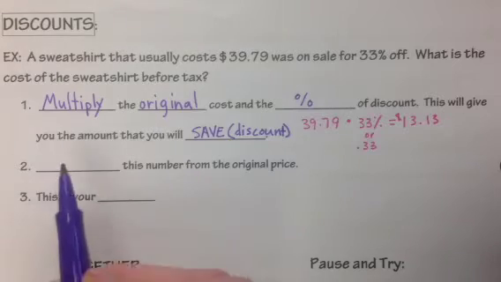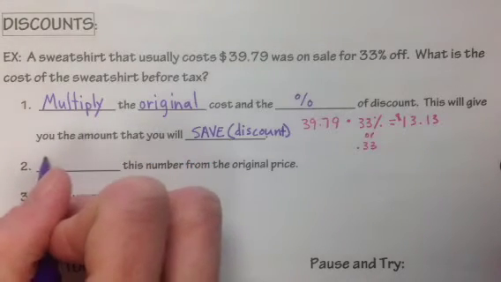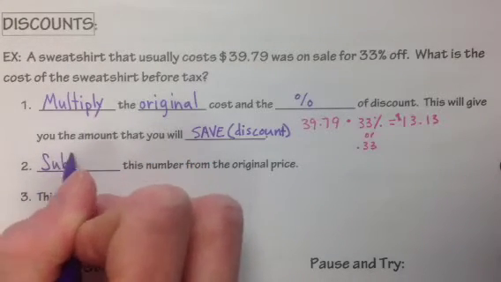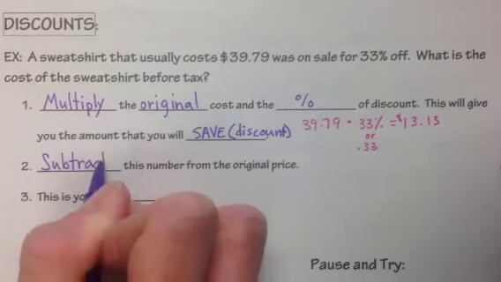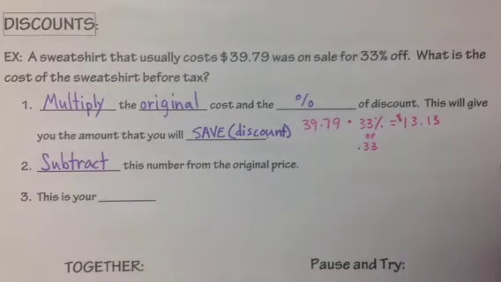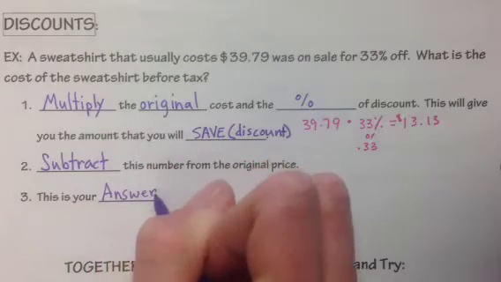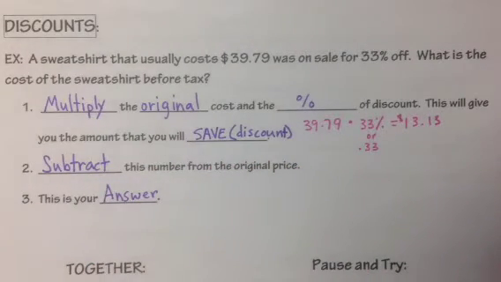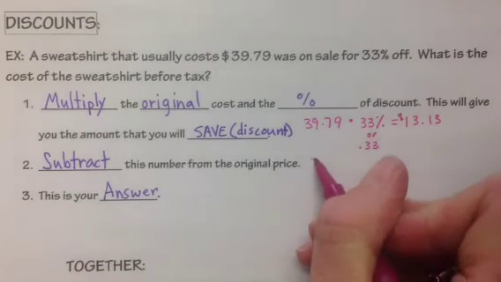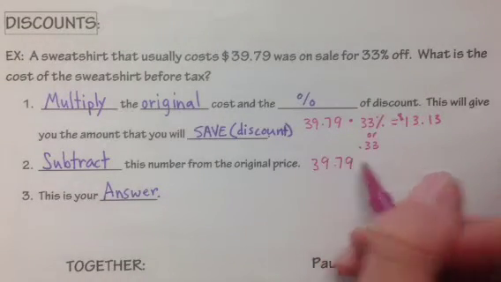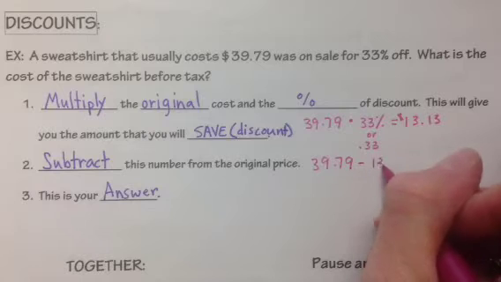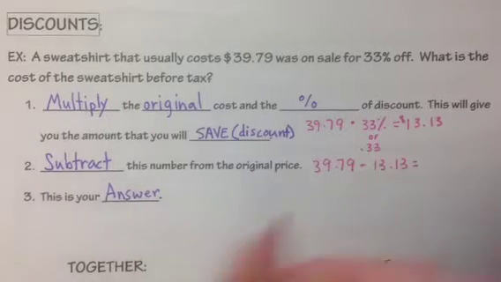Now, this is where it's different from sales tax. We then have to subtract this number from the original price, because we're saving that amount, and that will give you your answer. So when we do that for our example here, we're going to take our original price of $39.79 and subtract $13.13.